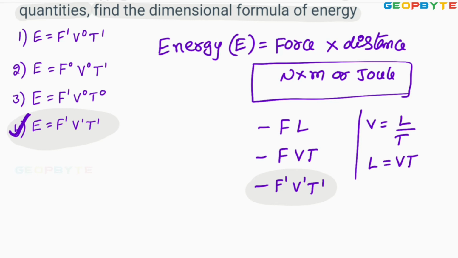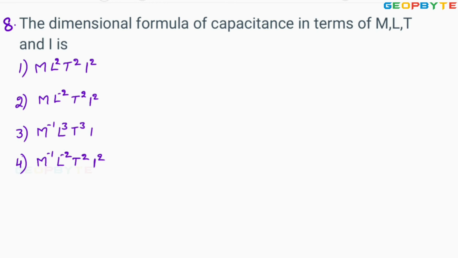Look at the next problem, the 8th problem. The dimensional formula of capacitance in terms of M, L, T and I. For capacitance, the dimensional formula is M inverse L power minus 2 T power 4 and I power 2.